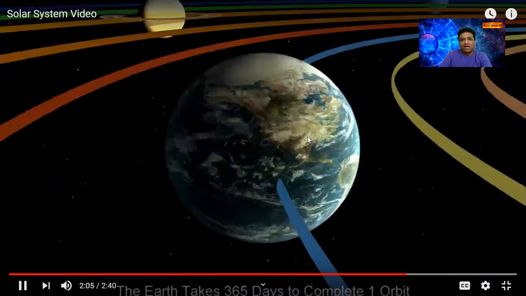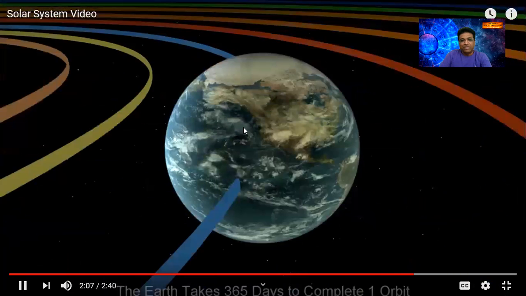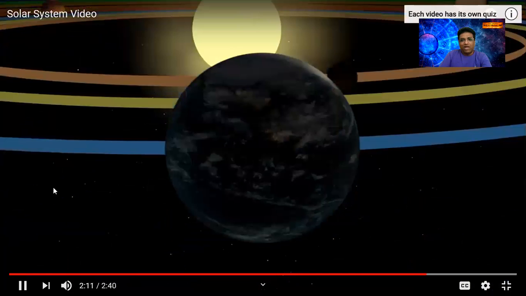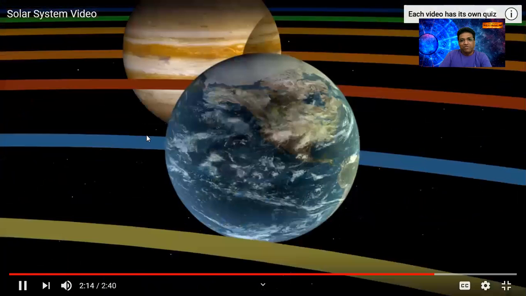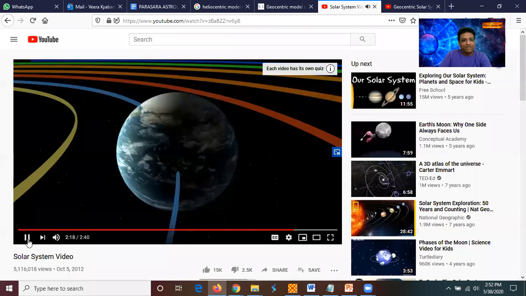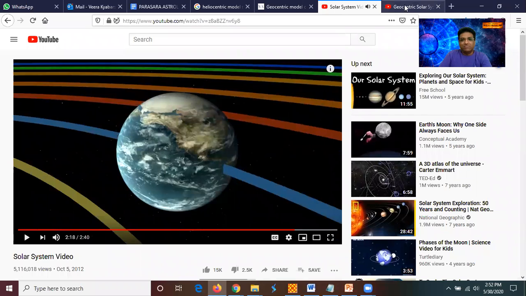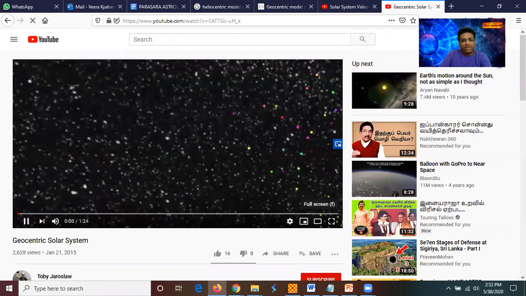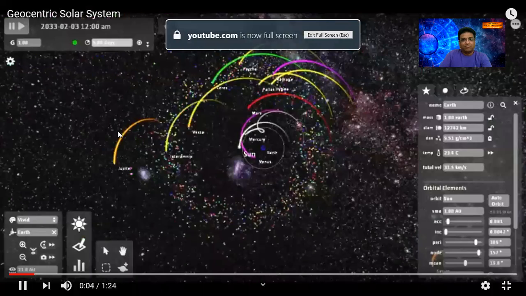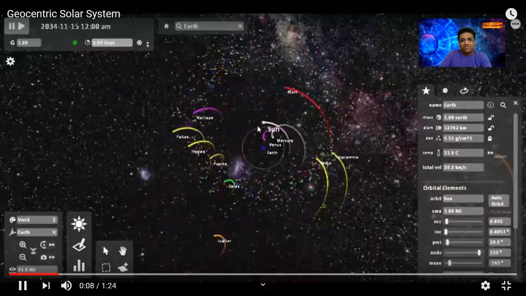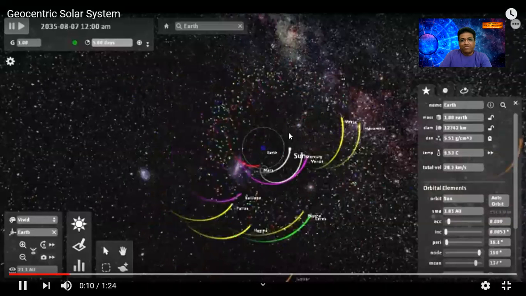This is the other view, the geocentric view. See here, you can see the sun is moving around the Earth. That is what we mean. Okay, now let me show you another video that is a little bit easier. See here, this is Earth, and the sun is moving here, and Mercury, Venus.